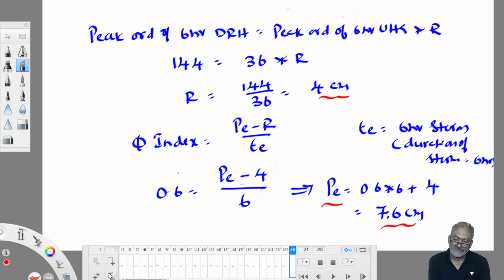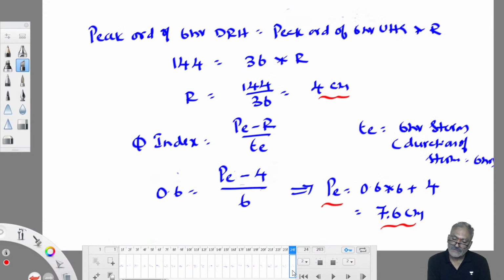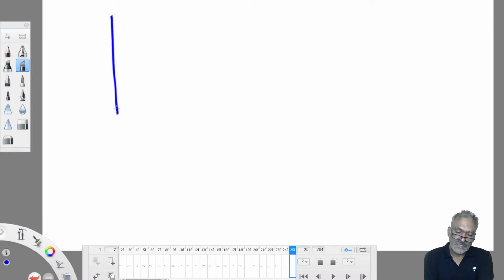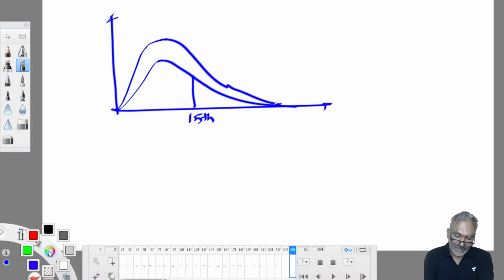Second question answer: the stream flow at 15th hour. So at the 15th hour you have been asked to find the stream discharge. The stream is carrying flood discharge. If you know the ordinate of the unit hydrograph at the 15th hour, then you can find the ordinate of the direct runoff hydrograph at the 15th hour.